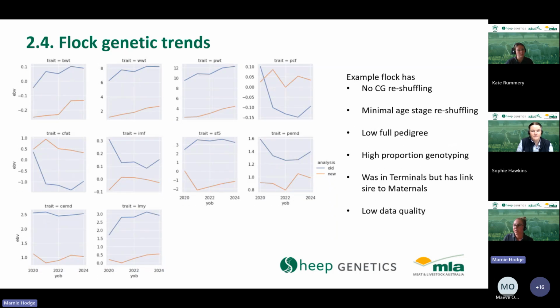Whereas if we have a look at this particular example for this flock, its genetic trends don't necessarily marry up or align across the current terminal/maternal analysis, which is depicted in the blue line, and the combined LAMBPLAN genetic trend. So for this particular flock, I've pulled out some data quality metrics and enhancements that are relevant.